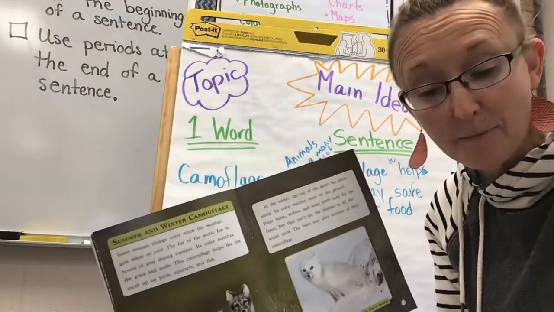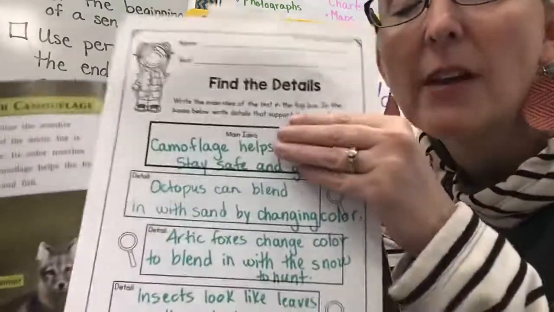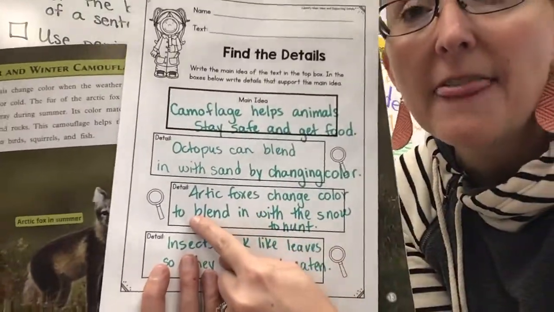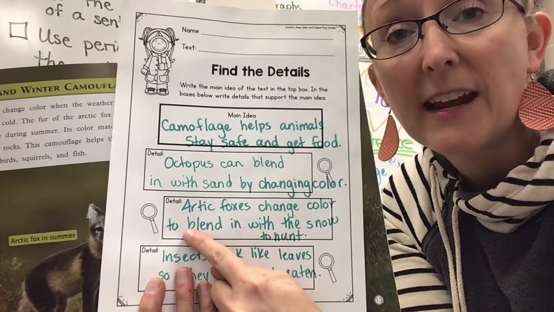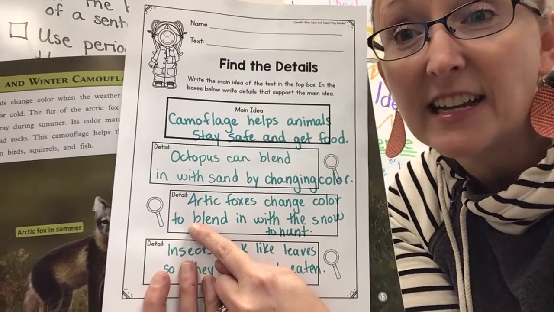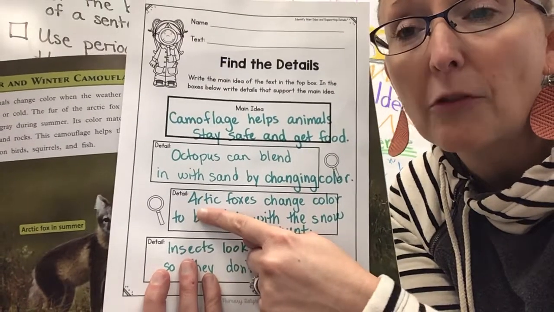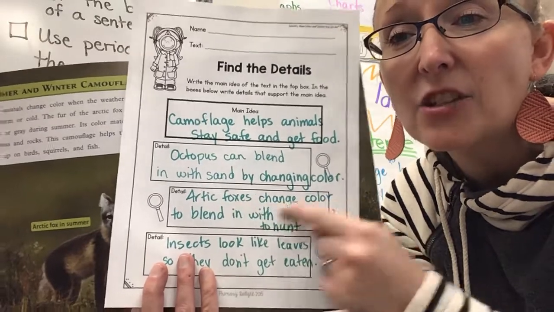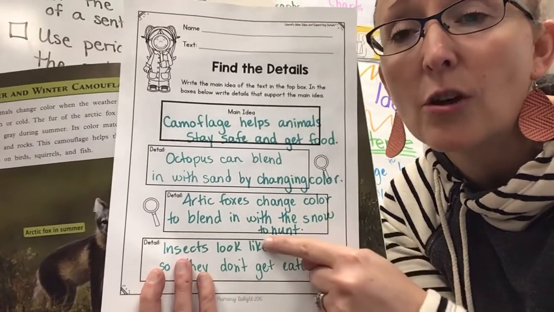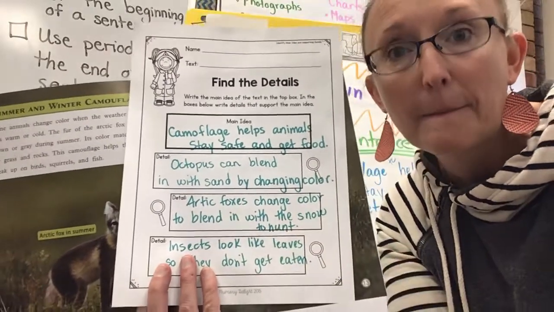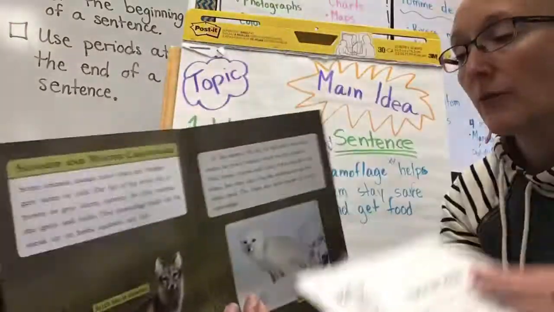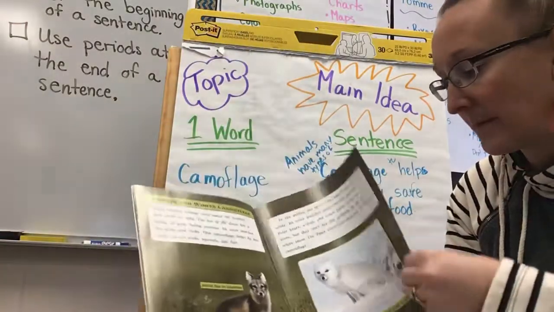It tells me that in the book. So that's what I wrote on detail 2. This book is trying to prove to me that animals change colors so that they can hunt, right, to get food. And here's the proof. Arctic foxes change colors to blend in with the snow to hunt. Okay, so when they can change with the snow, then they can hunt.